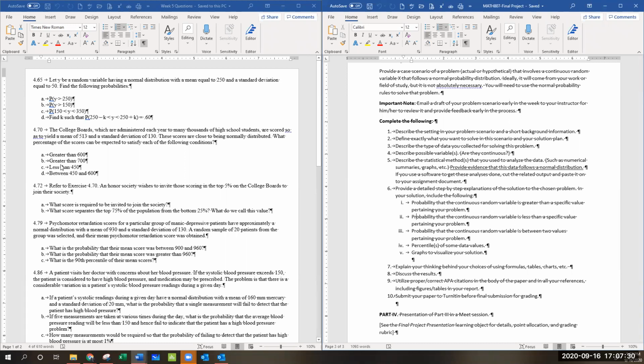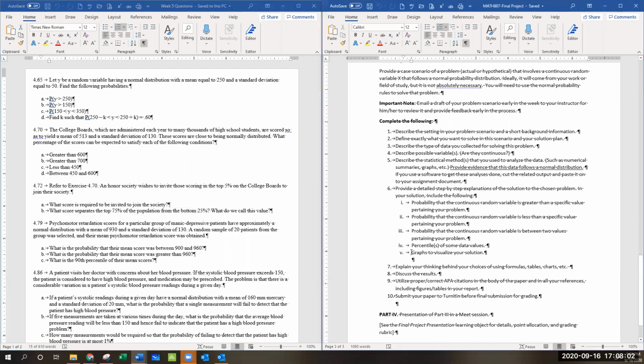Okay, well, that's part C right here. The probability that a continuous random variable is between 2 values is part D here, and then of course, part C here. And then percentiles of some data values. Well, a percentile is basically what you did right here with finding percentiles for 472B.